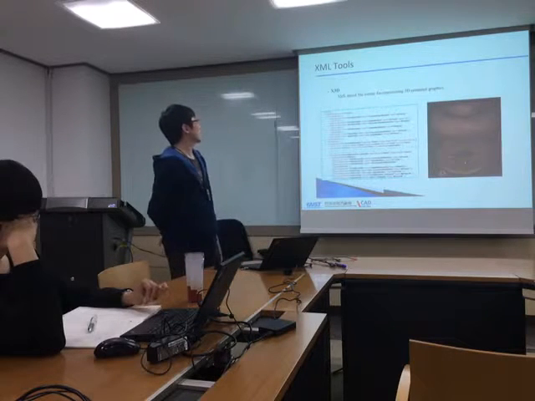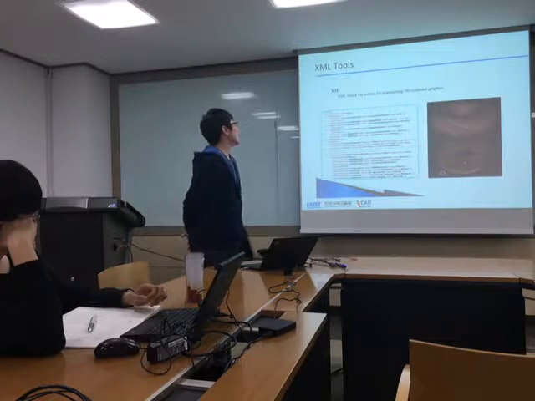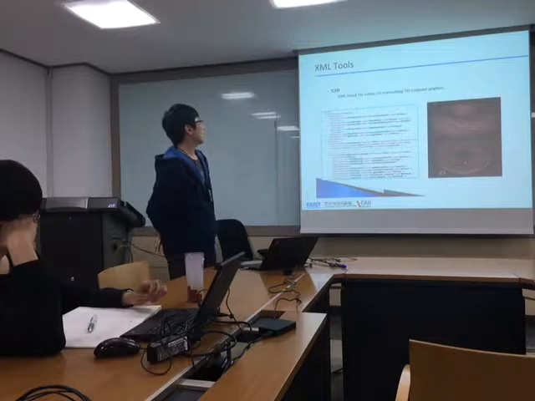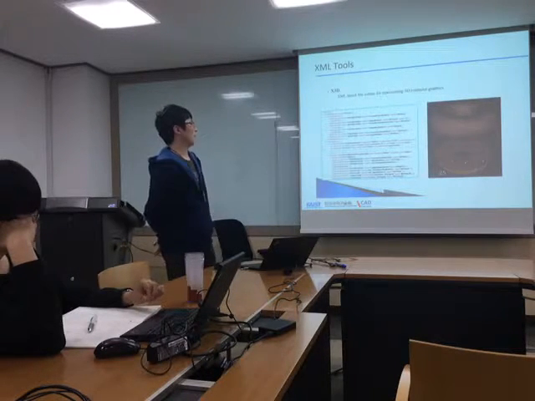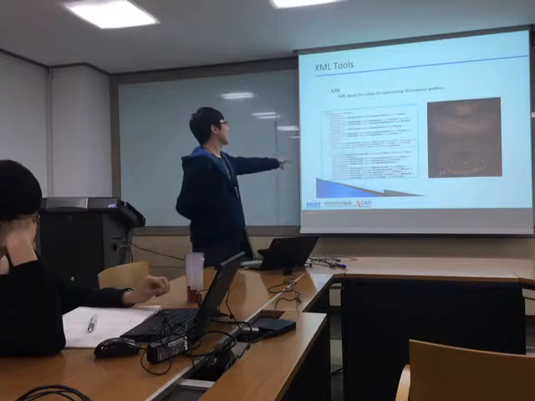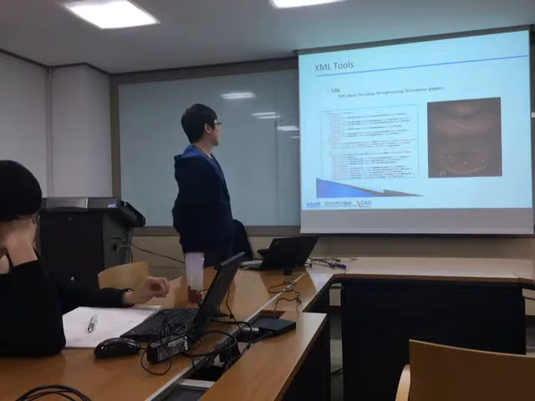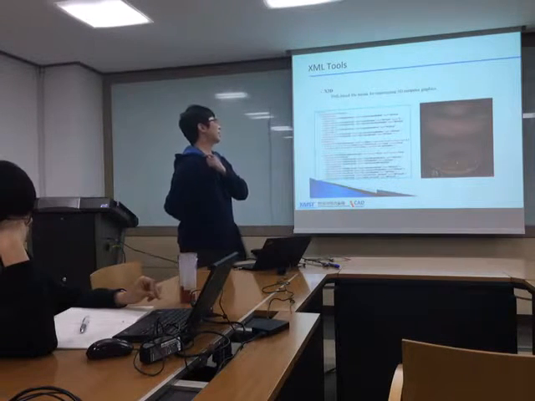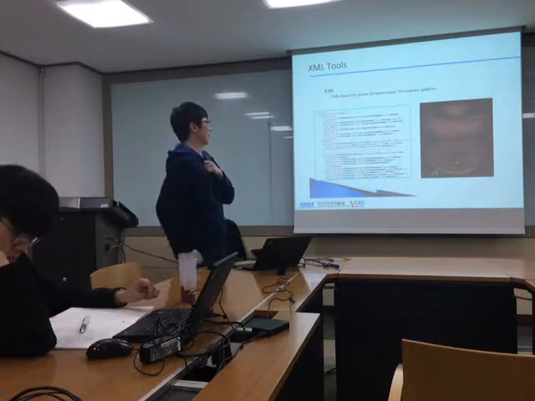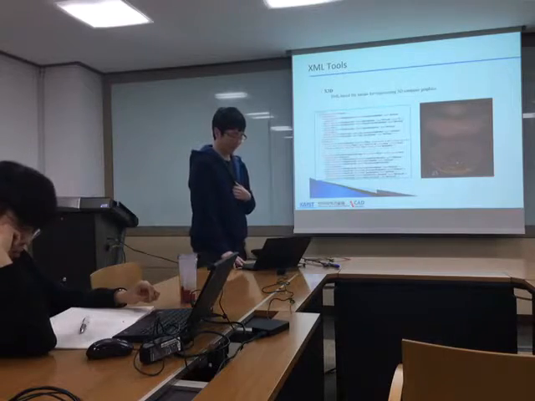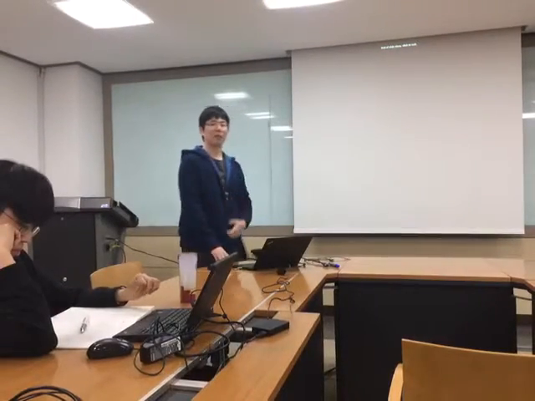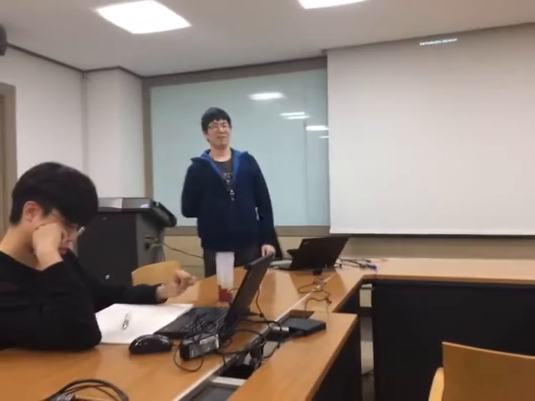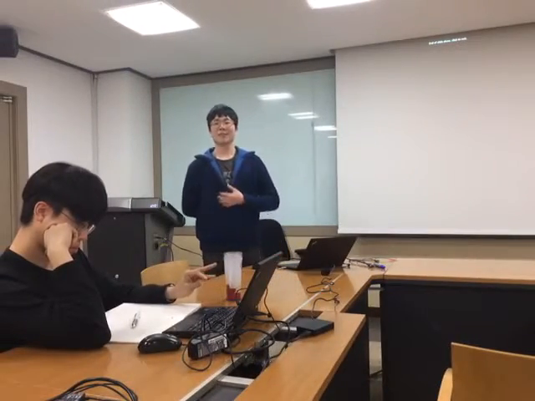And finally is X3D. It is an XML-based file format for representing 3D computer graphics. This is the form of X3D, and the right picture is made by X3D. And this is the end of my presentation. Thank you.